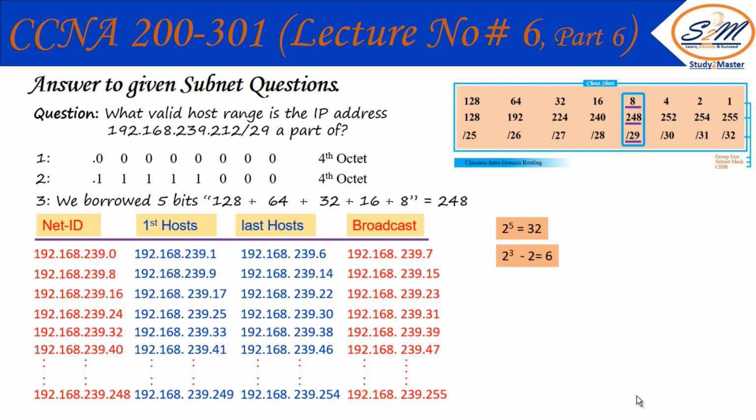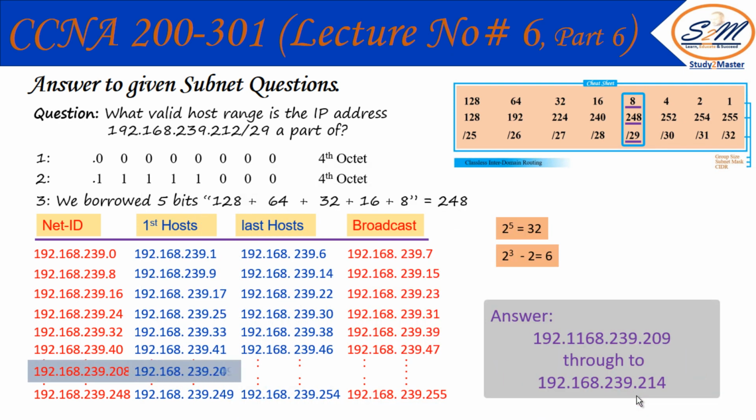The network ID starts from 192.168.239.0 and we increment it by the group size, or by 8, until we pass the target IP address, and then find the first usable address, last usable address, and broadcast IP address. An easy way to define the first usable address: just add 1 to the network ID. For the last usable address, subtract 2 from the next network, and for the broadcast IP address, subtract 1 from the next network.